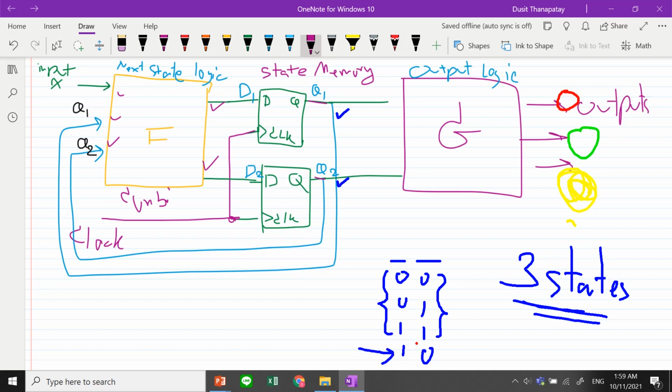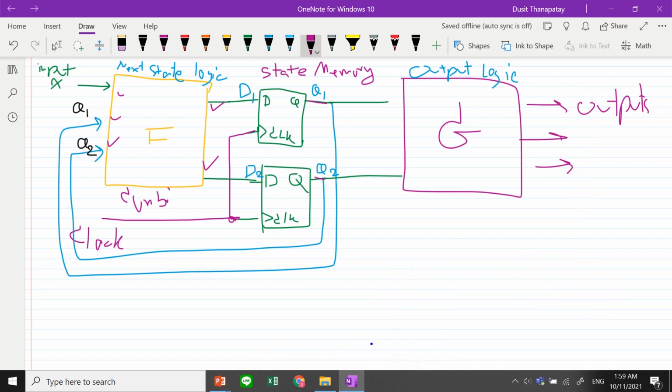And the value that you don't use or have no meaning, maybe it is called unused state. And please keep in mind that circuit F is a combinational circuit.